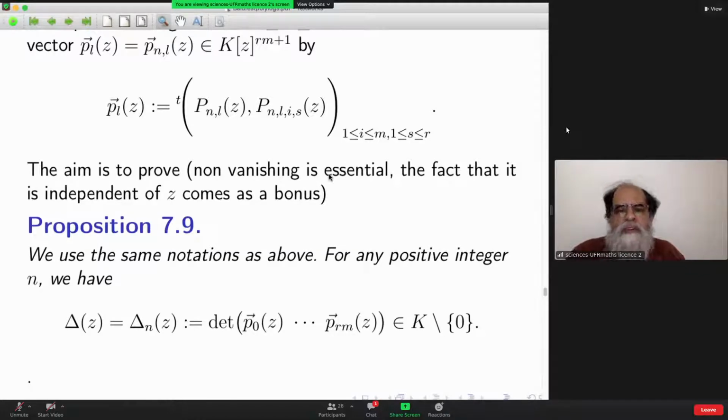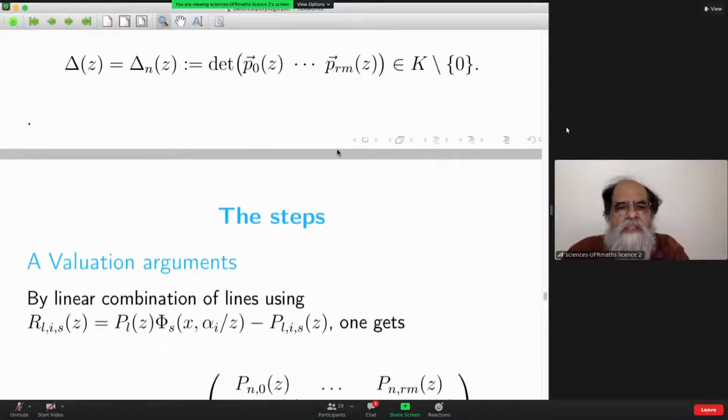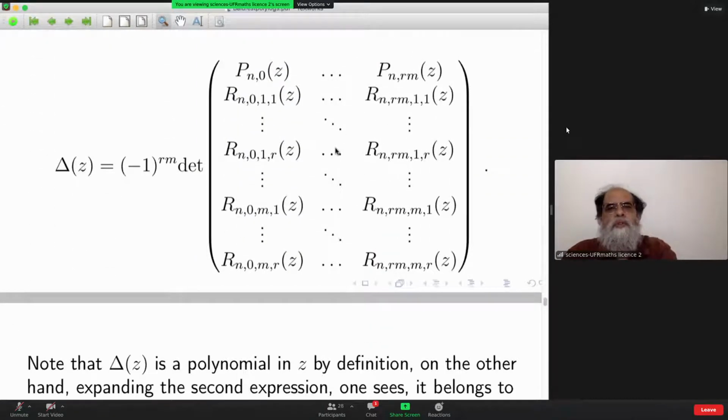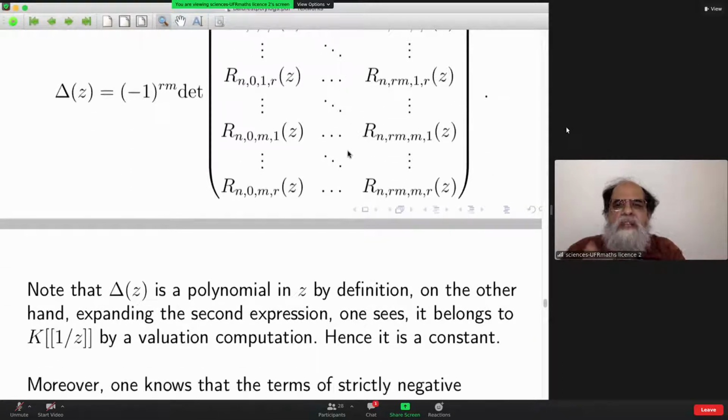So they are going to have a negative valuation in Z. So if you make a valuation computation of that, you see that the valuation of this is in fact this big polynomial. You just shift, you put the remainders all over here. You see that in fact it's a negative valuation, but it has to be a polynomial by definition. So it has to be a constant.